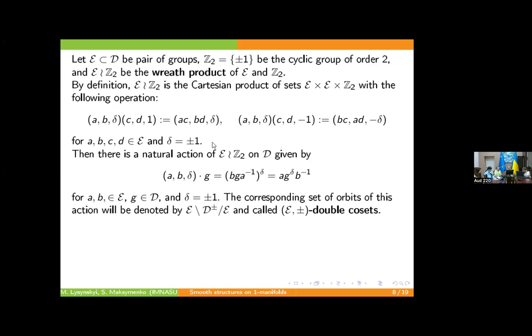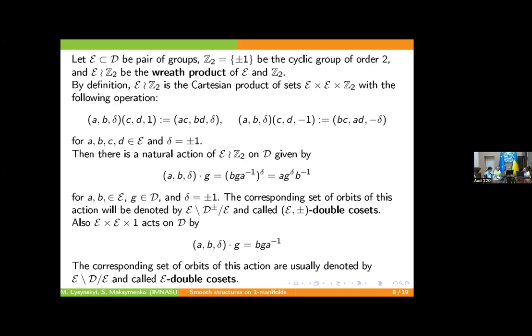And it is given by this formula. So we multiply an element from both sides, by B and A, and we can also take a power of these elements, so we just take this element or take its inverse. You see here, and this is this set. Actually, it is not studied in the literature. At least we did not find any reference, and we just started to call it the E plus-minus 1 double coset.